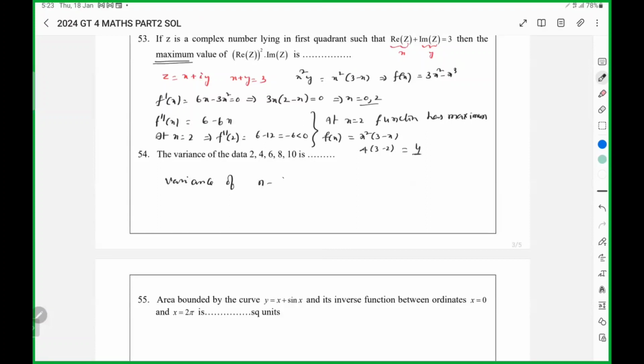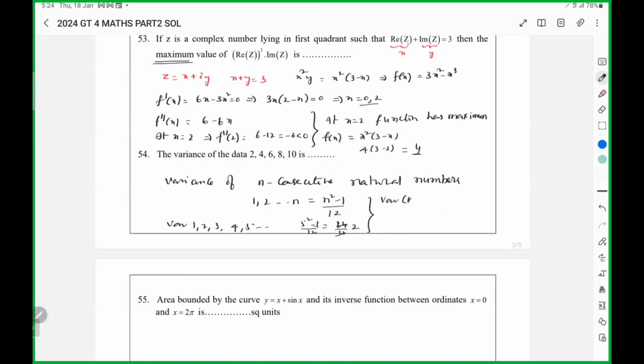Variance of n consecutive natural numbers. Variance of 1, 2, 3, 4, 5, is 2.